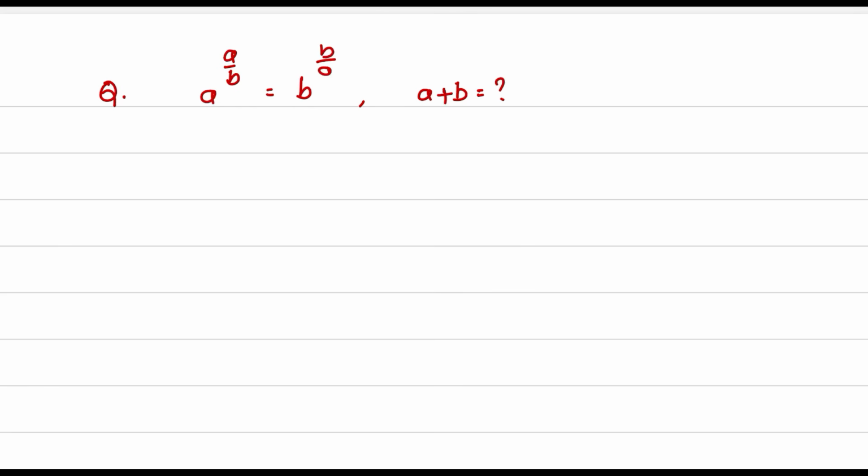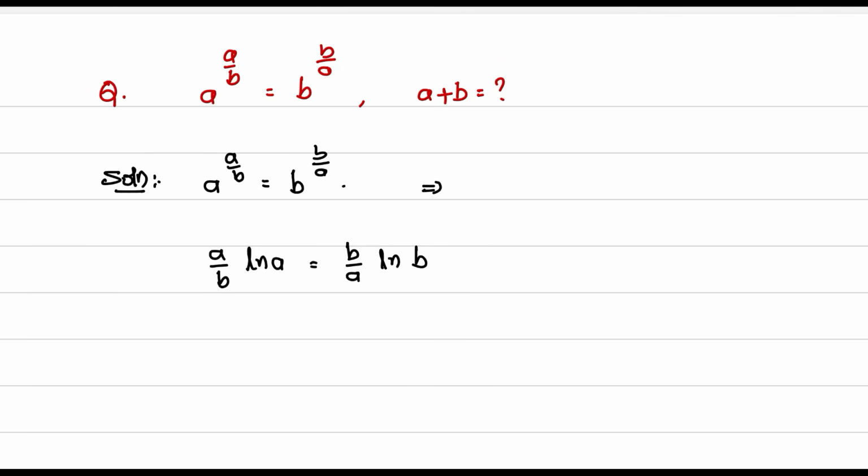Now, we will go for the solution. a to the power of a by b is equal to b to the power of b by a. By taking log on both sides, it implies a by b into ln a is equal to b by a into ln b.